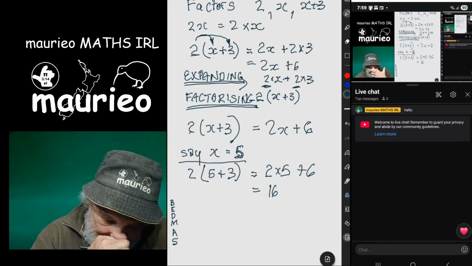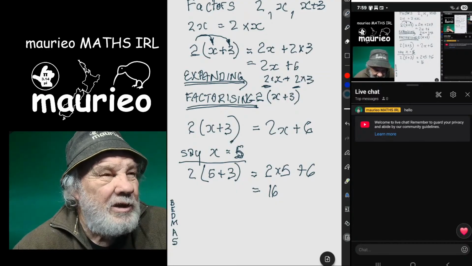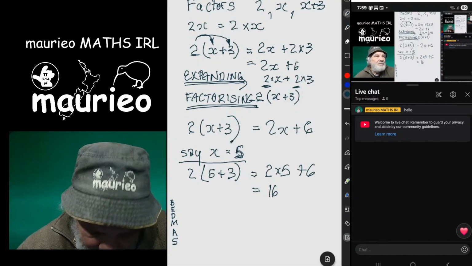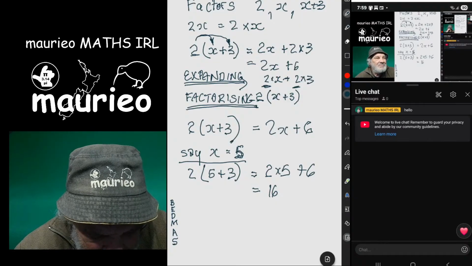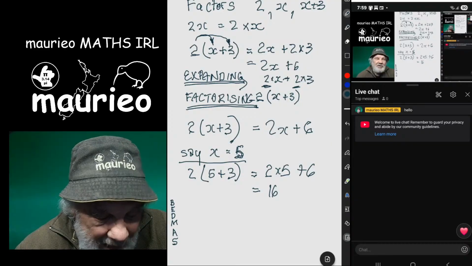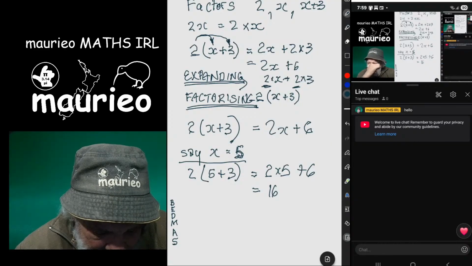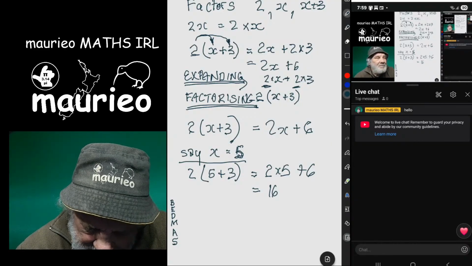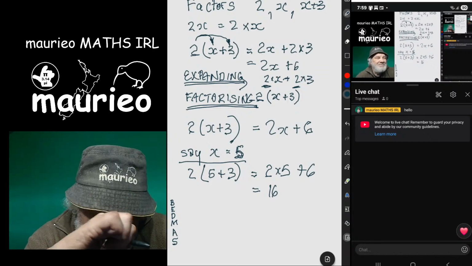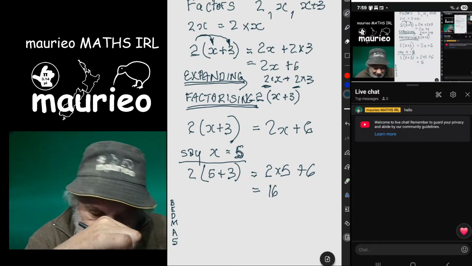So I've got 5 red and 3 white. I've got a total of 8 chickens, and they each lay 2 eggs. That's 16.